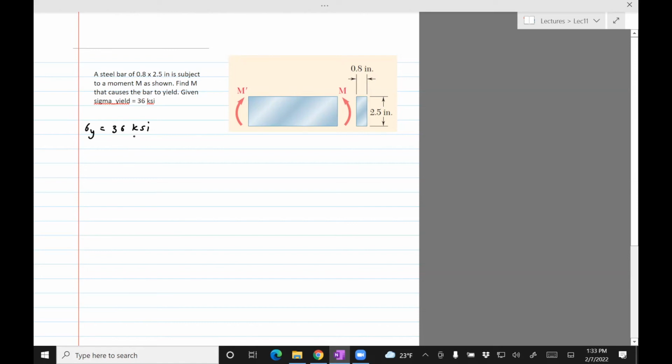KSI, this unit means kilo pound per square inch. So the system we're using here is IPS. Okay, so we are asked to find M.